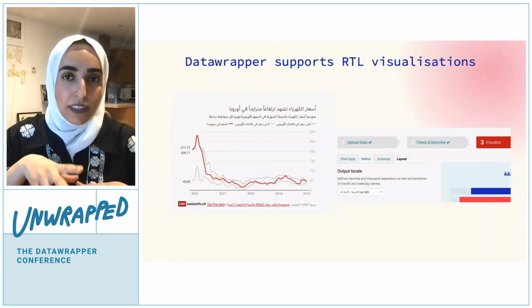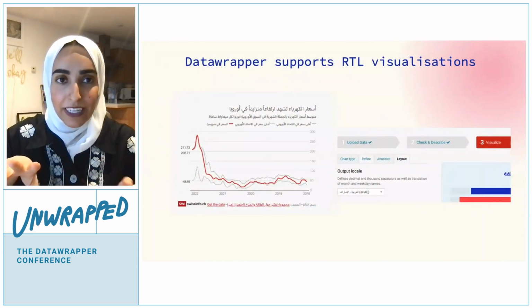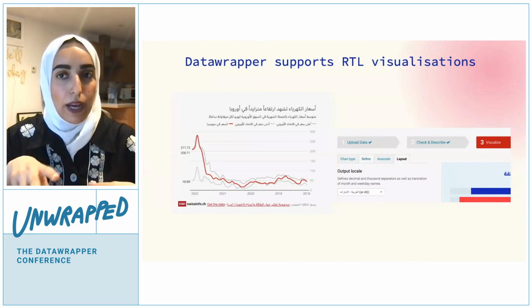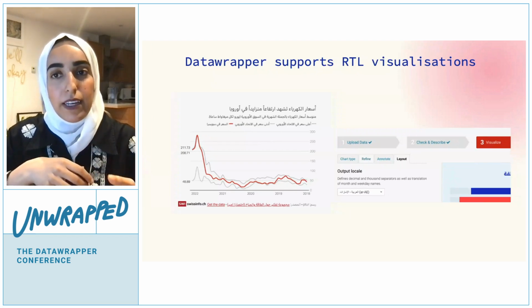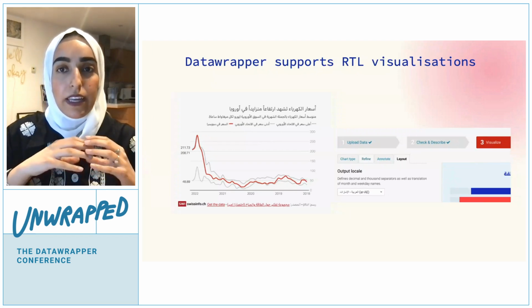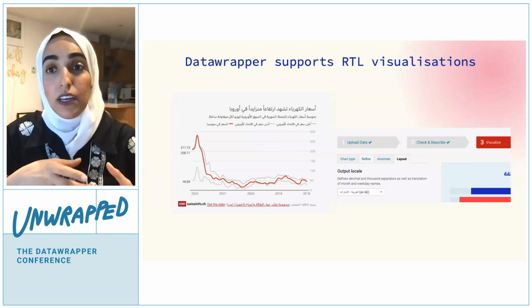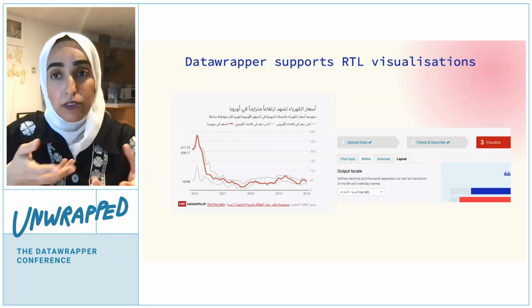In May 2022, I was really pleased with the announcement that Datawrapper launched a new feature to support designing right-to-left visualizations, where you can set the visualization's orientation to right-to-left based on your language.